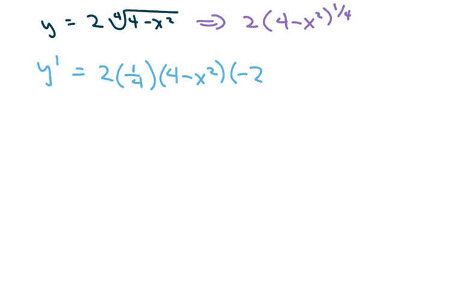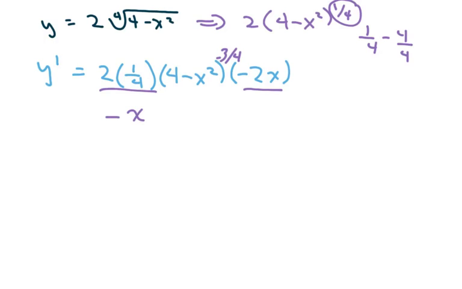So that's minus 2x. When you multiply all this together, you're going to get negative x. Oops, I forgot to do this piece. 1/4 minus 4/4 is negative 3/4. So this is just going to be negative x. I can bring this down in the denominator and call this 4 minus x squared to the 3/4.